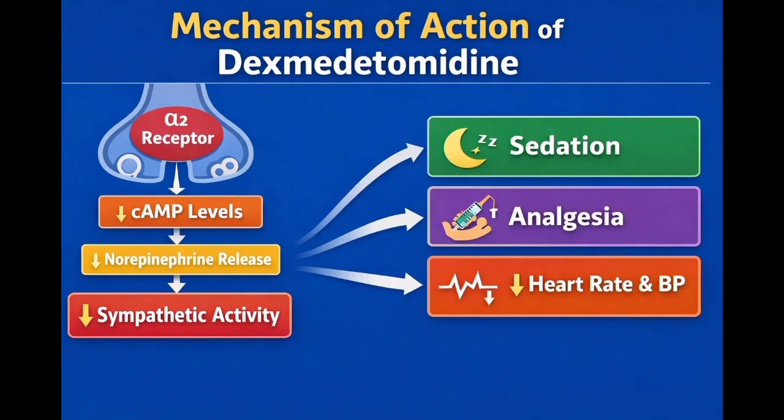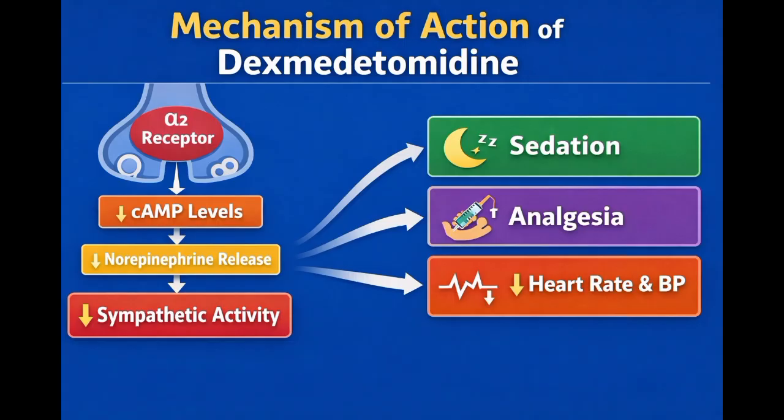This decreased excitatory signaling in the central nervous system and the periphery is what is going to be the importance of dexmedetomidine. Now, sedation is one of the effects of dexmedetomidine, as you can see. But wait, why does sedation happen?